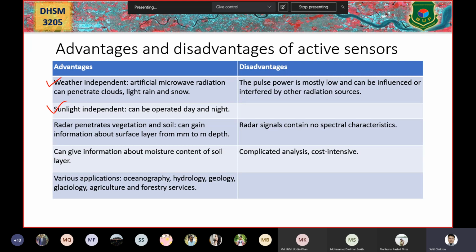At the same time, just think about it: the energy is coming through clouds, and in the cloud there is lightning going on. There is a thunderstorm in the atmosphere. So if there are lightnings, then your energy is getting interfered with by the energy released by these lightnings. That is one of the disadvantages of this active sensor.